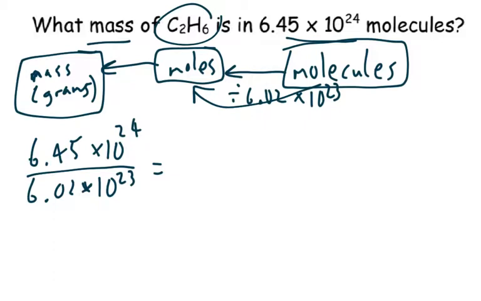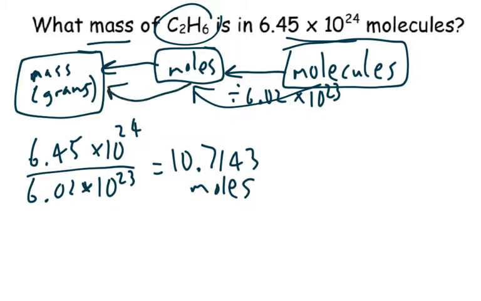So the given is 6.45 times 10 to the 24 molecules. We're going to divide that by 6.02 times 10 to the 23rd. And I get 10.714 again, there's more numbers here. I'll just round this to a 3. It's 28571. We're only going to need 3 significant digits, so this should be good enough. So that's how many moles, but we still got to go from moles to grams.